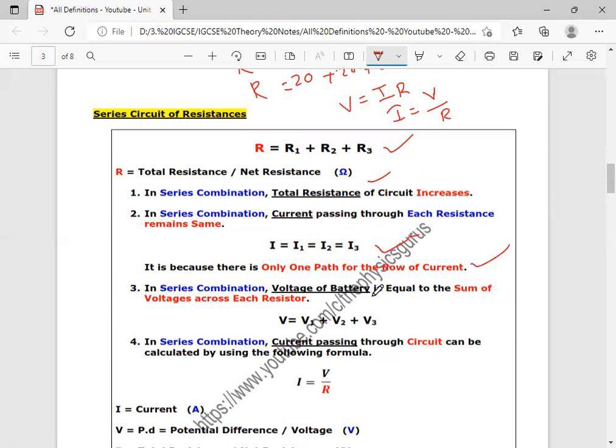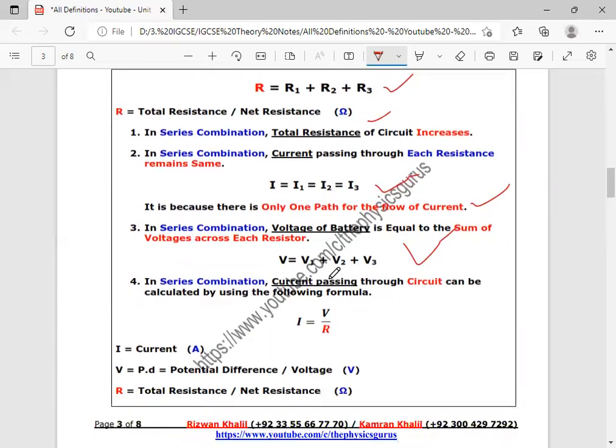In series combination, voltage is equal to the sum of the voltages across each resistor, that is, V is equal to V1 plus V2 plus V3. And in series combination, how can we calculate the current? By using the formula I is equal to V over R, where R is the equivalent resistance or net resistance or total resistance of the series combination.